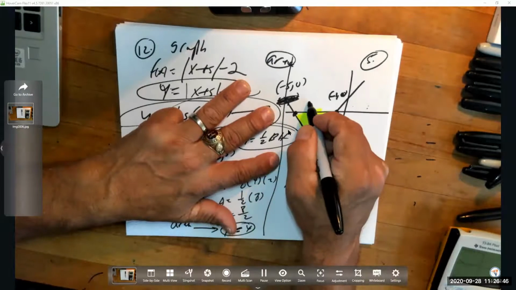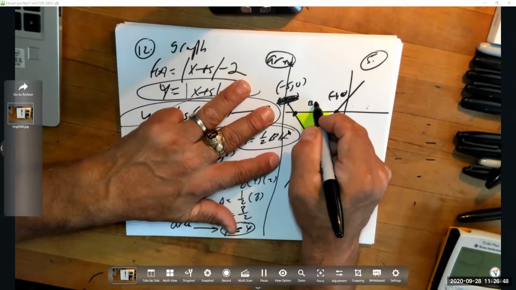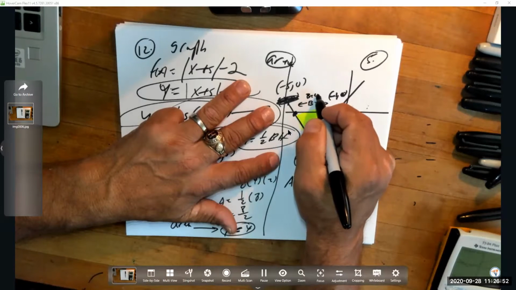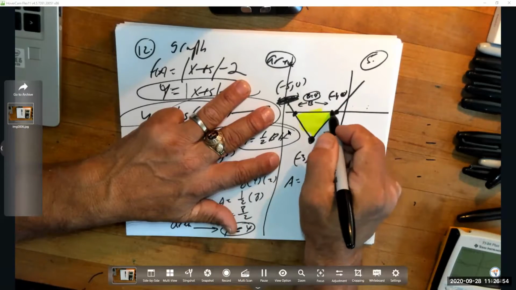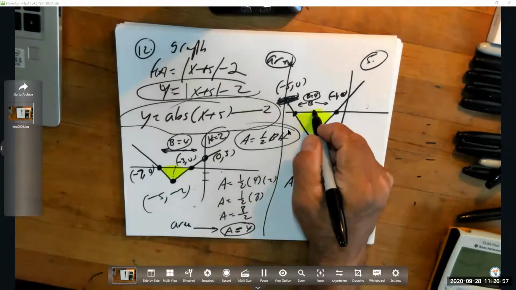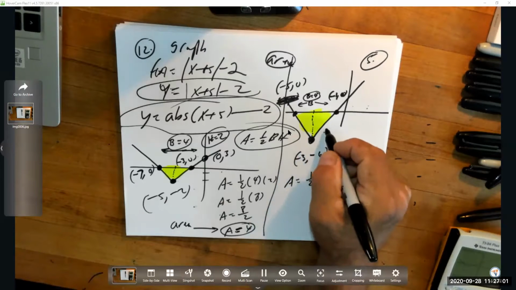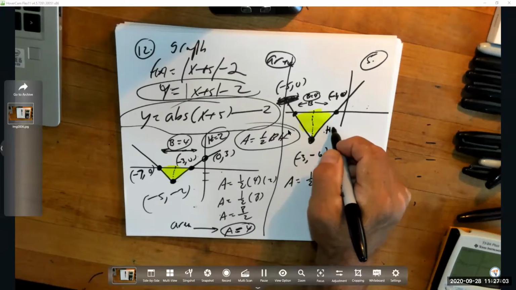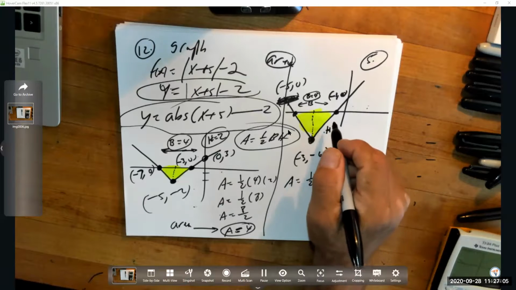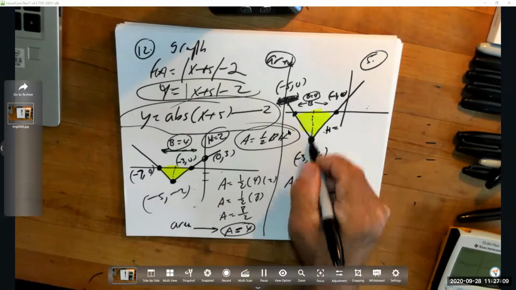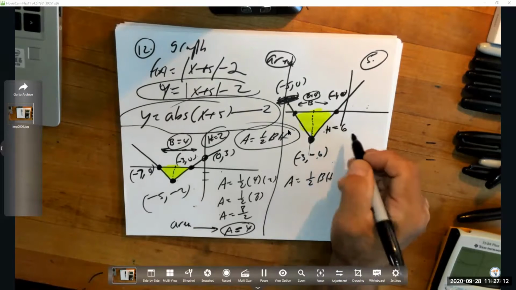So base is 4 spaces. From here to here. Okay, the height is what? It goes -3 and down 6 spaces right there, so maybe it's 6.